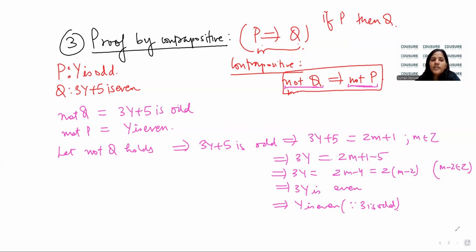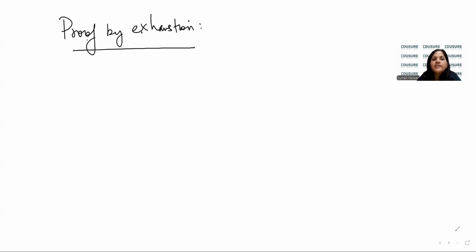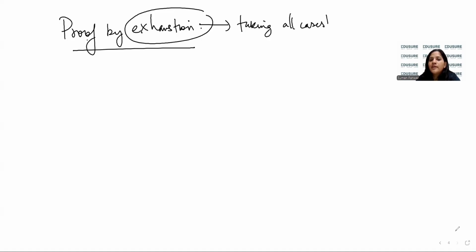Okay. Now there are two more methods of proof, general methods of proving. One is proof by exhaustion. Now, as exhaustion suggests grammatically, it means taking all cases into consideration.